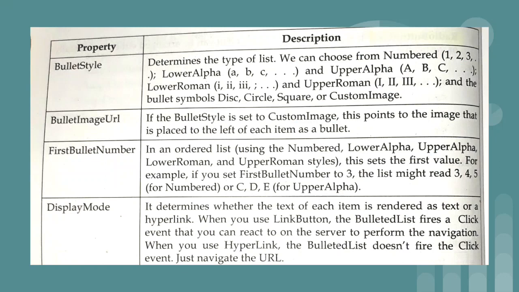Next one is the display mode property. Display mode determines whether the text of each item is rendered as text or as hyperlinks. If you want normal text, then we don't need to select the display mode property. But if you want a link, for example if you have inserted an item as ASP, and whenever you click on that particular first item of the bulleted list some other page should display, in that situation we have to use the display mode property and set it to hyperlink, so that whatever items we add, that particular control will behave like a link.